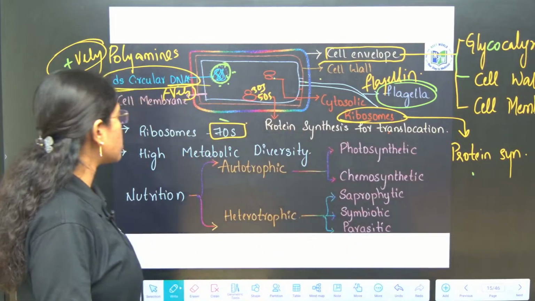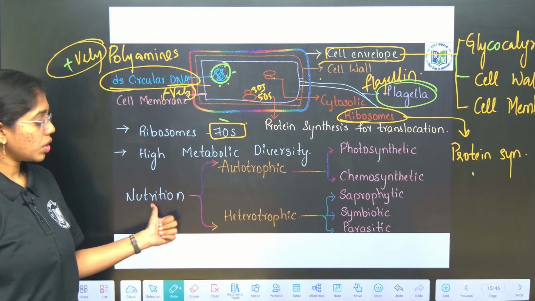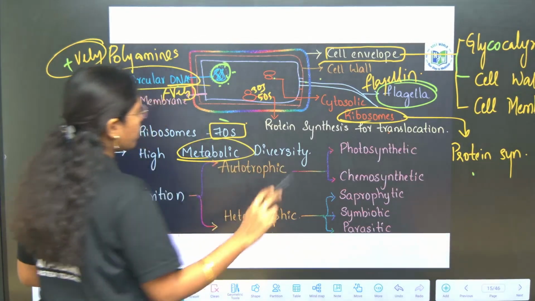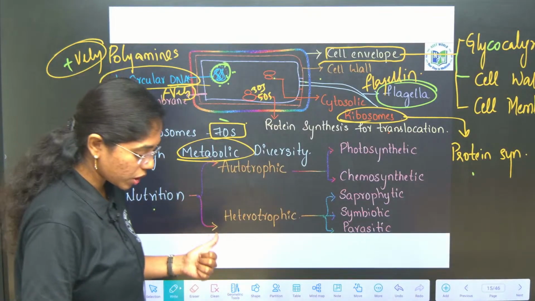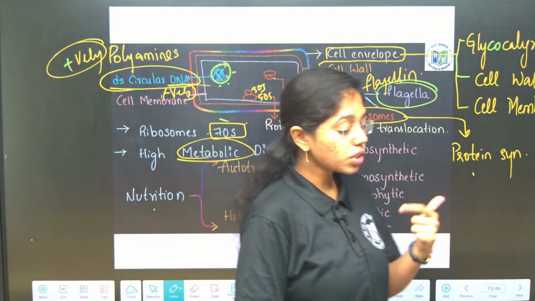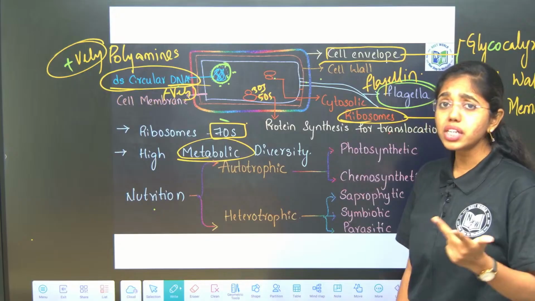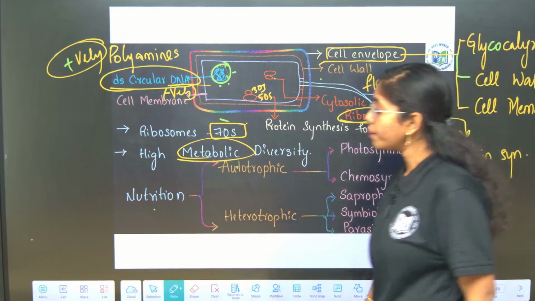Both mode of nutrition and respiration together we call the metabolic pathway. So for highest metabolic diversity you have to choose the same option, that is Monera. Highest diversity in mode of nutrition is kingdom Monera, and highest diversity in respiration is also kingdom Monera. Remember that, okay?